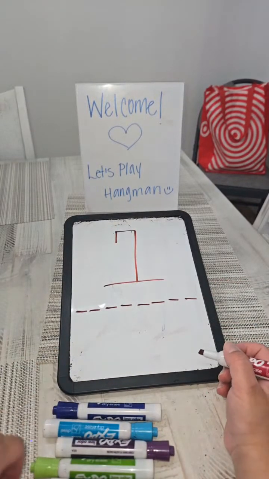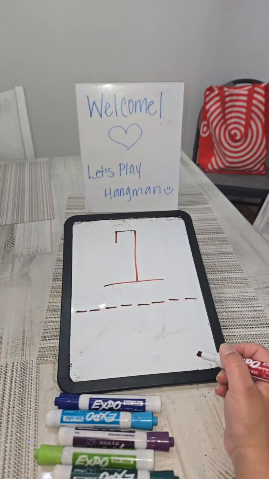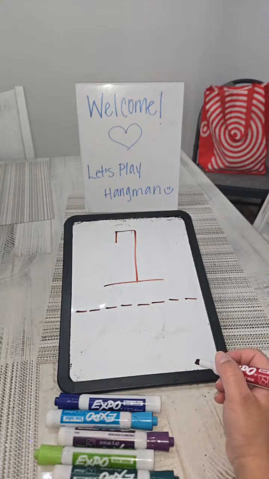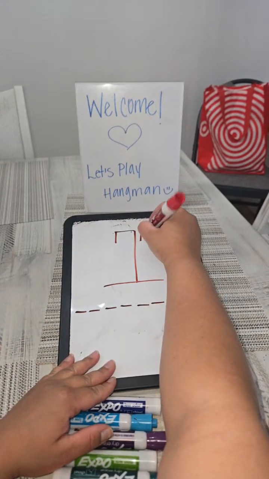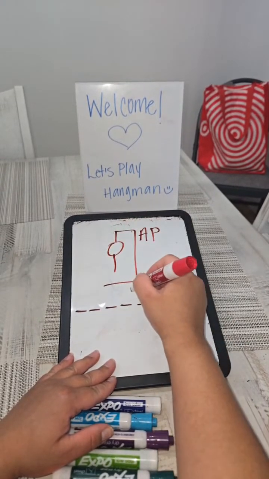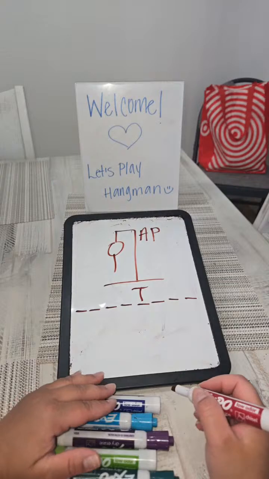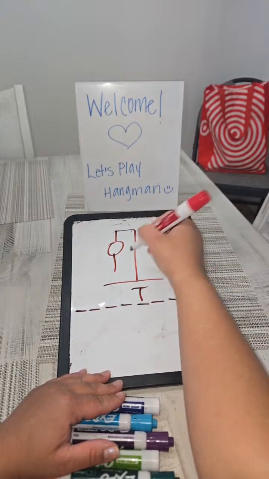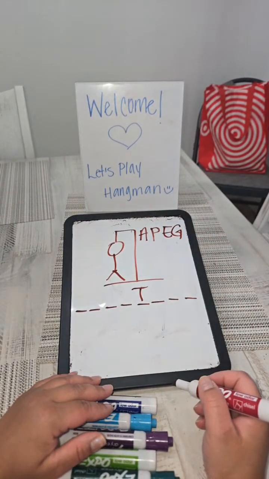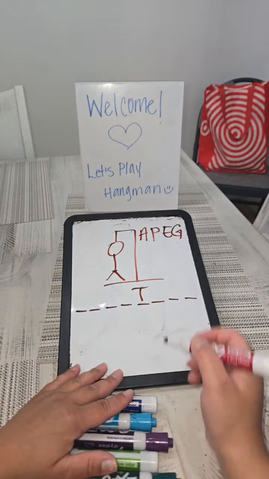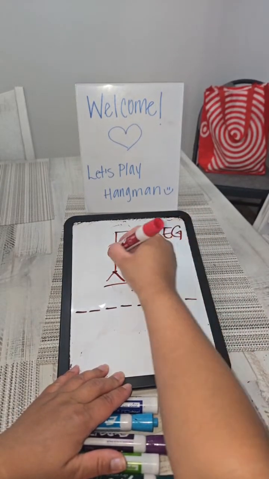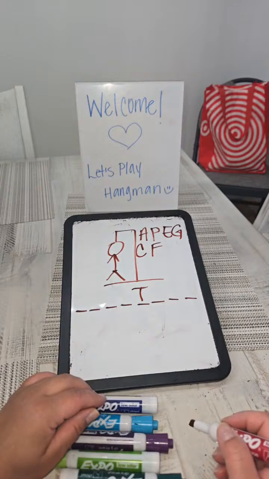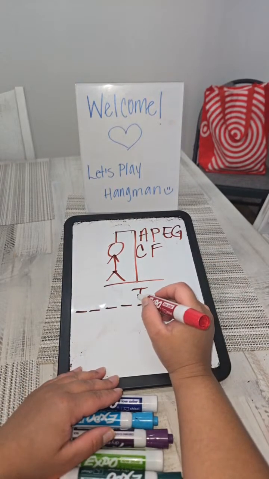Okay, and begin. A, P, T. E, A, G. A is already there. G, C, F. T, R, S. T is already there.